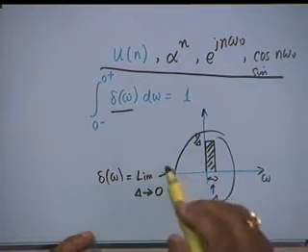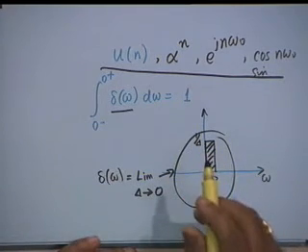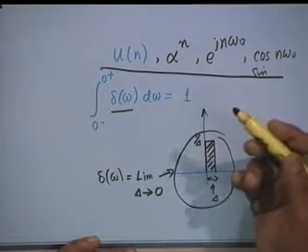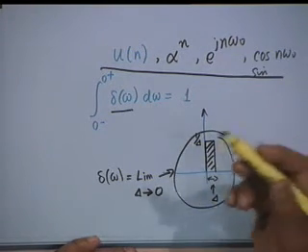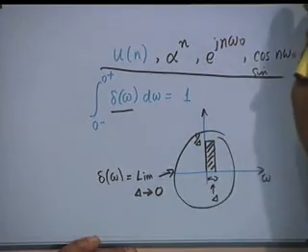Therefore, if we take the help of the delta function, a large range of functions are Fourier transformable, and u of n, e to the j n omega 0, sine signal, cosine signal, they do exist. We have to handle them, and therefore we admit a delta omega. In the Fourier transform there will exist a delta function.